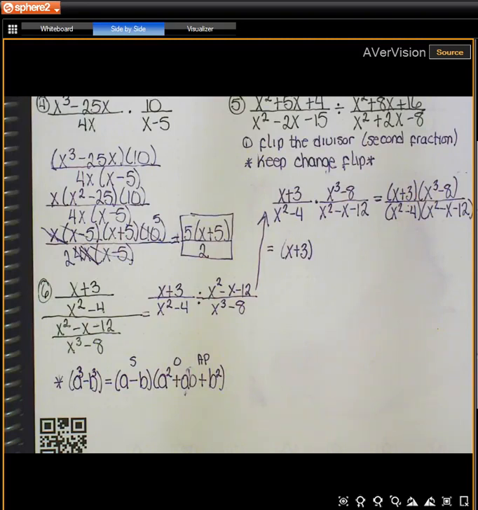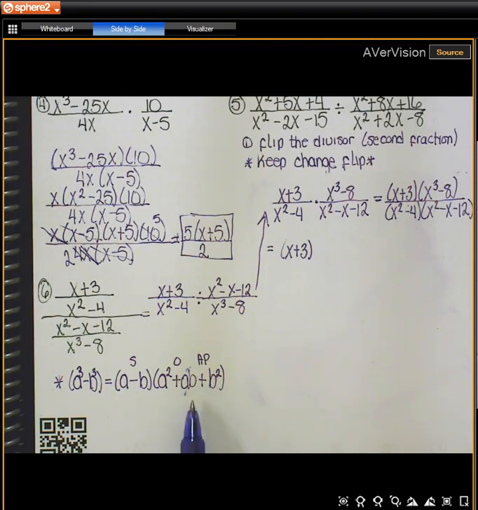Yeah, so when we have difference of cubes, when we factor it out, we get a minus b. The first sign is always the same as the original. And then we have a squared, ab, and b squared. The second sign is going to be the opposite of what we put the first time. And the last one is always plus.